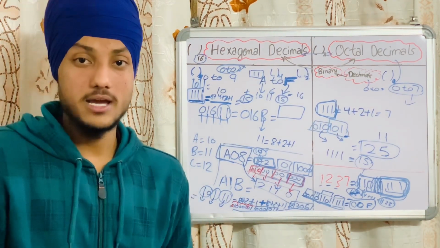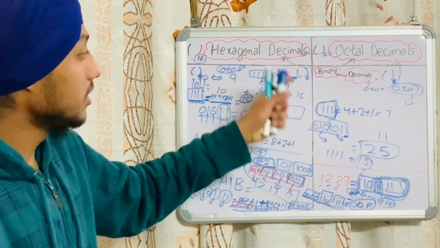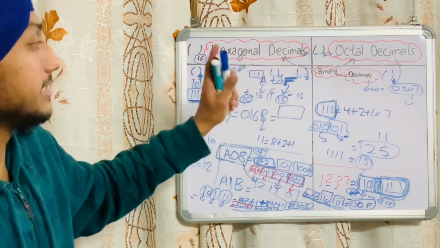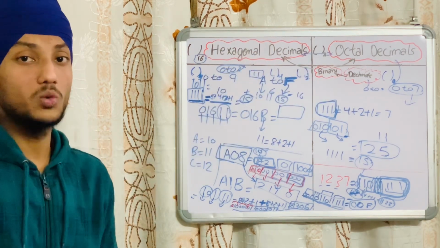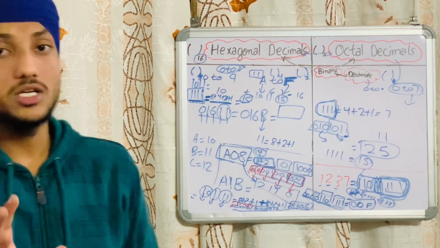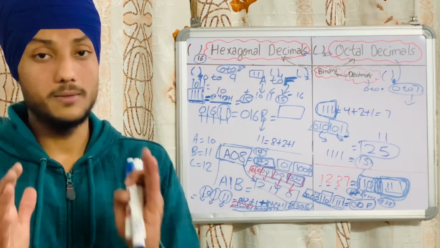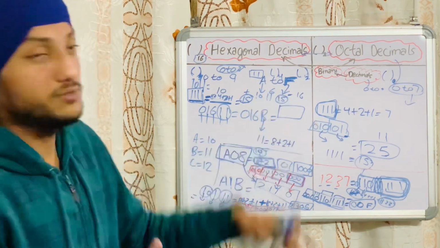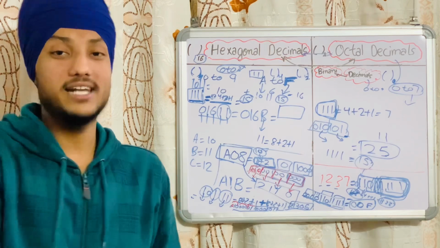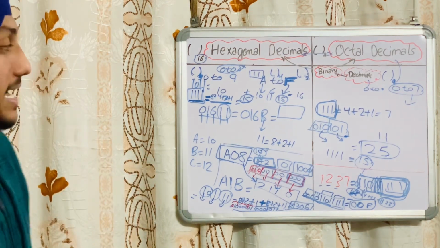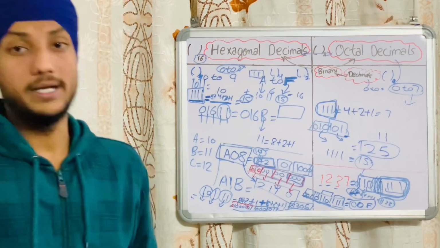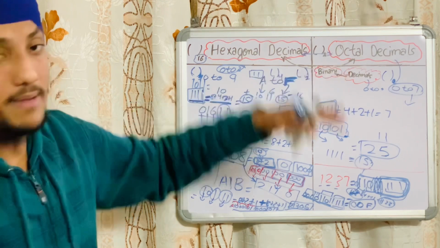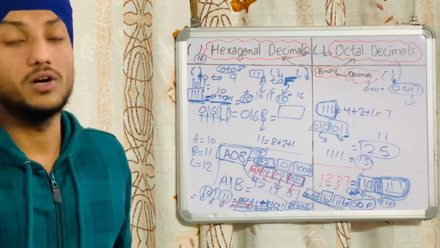This also happens when we convert decimals into binary or decimals into hexadecimal, because we use our raw material, which is binary. For converting into any type of system, we use binary as our component, our ingredient. This is the base of any system for converting.